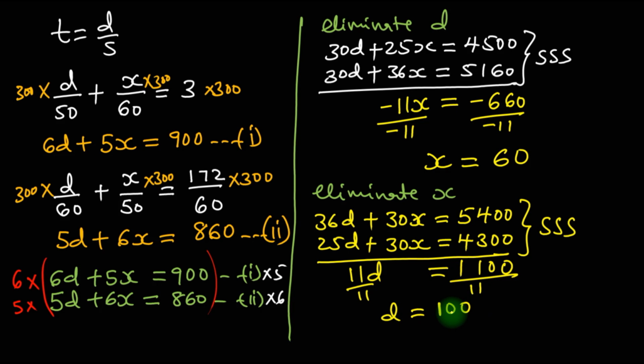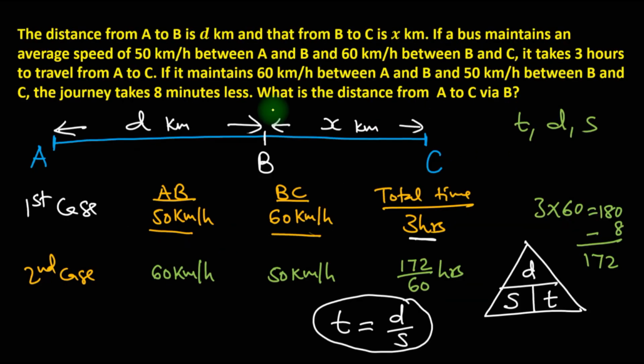Therefore, since the question requires us to find the distance from A to C via B, D is 100 and X is 60.